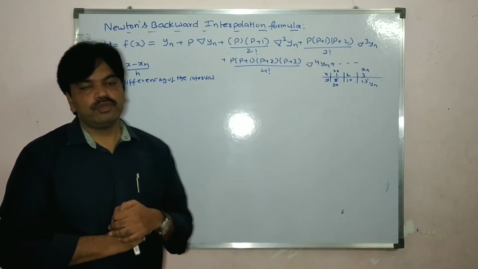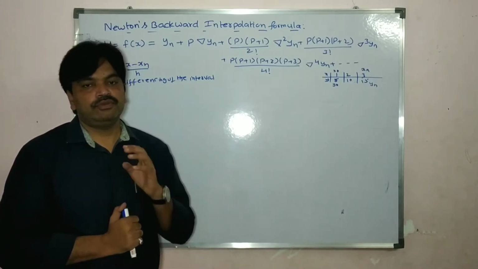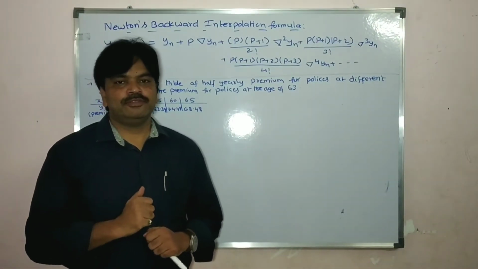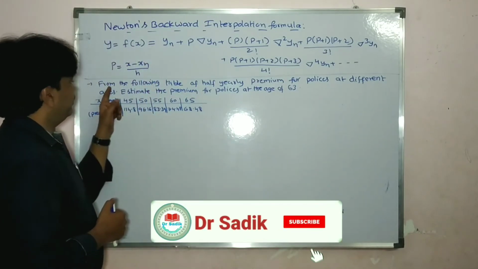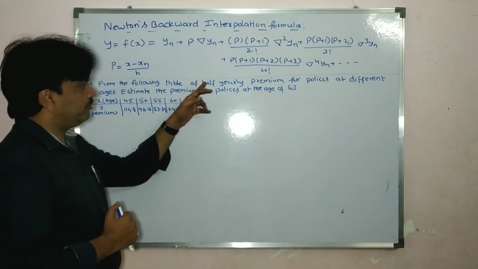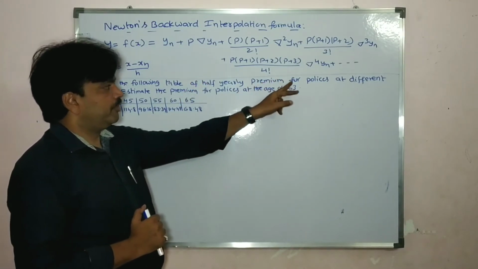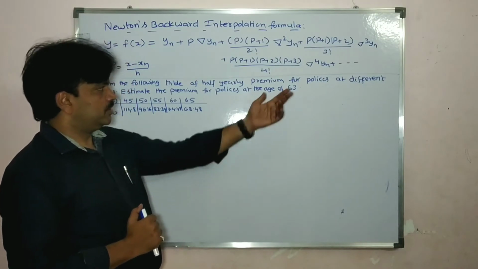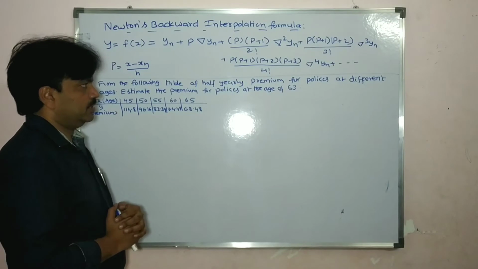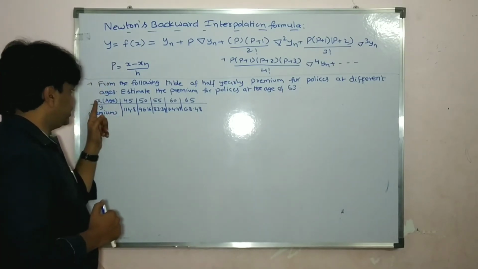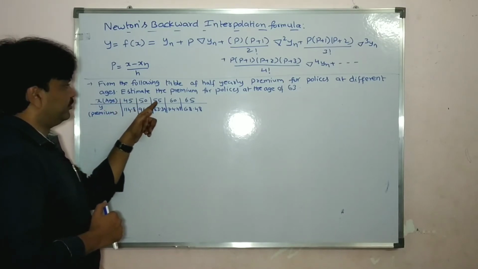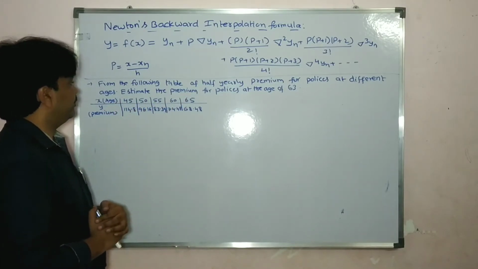Let us see a problem on Newton's backward interpolation. Write down the problem, students. From the following table of half yearly premium for policies at different ages, given different ages here, x is the age: 45, 50, 55, 60 and 65.